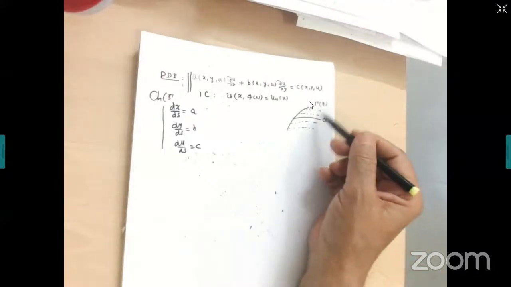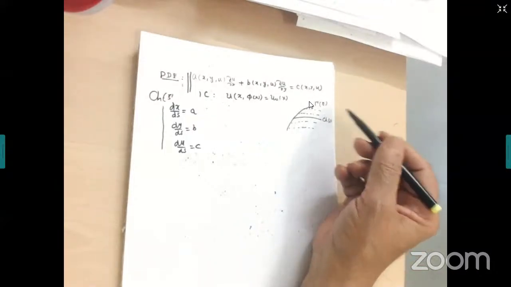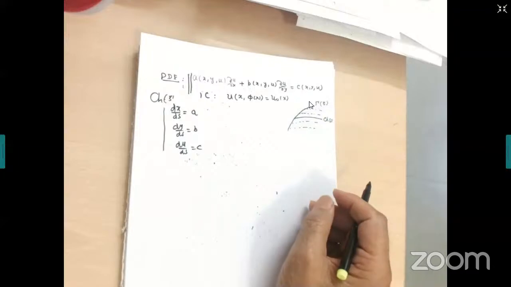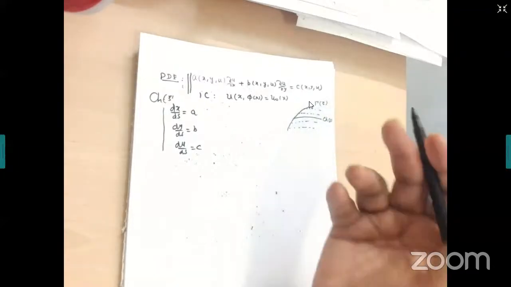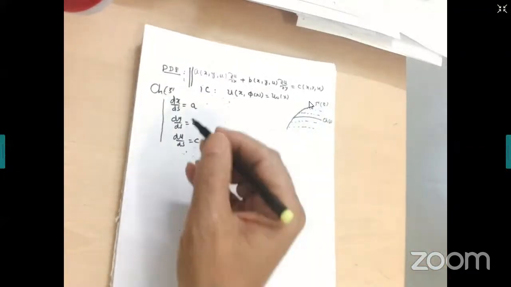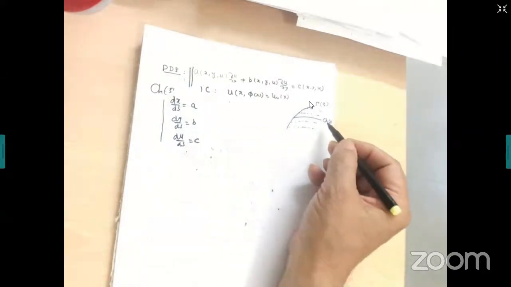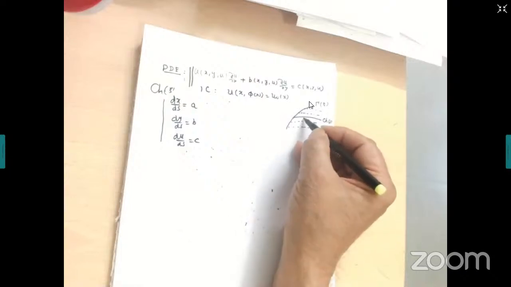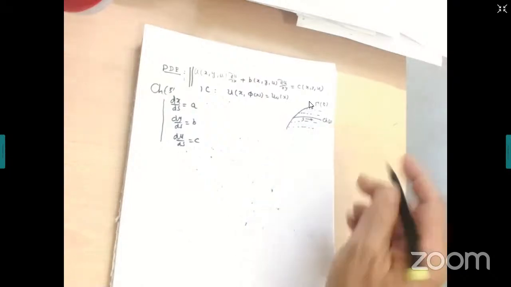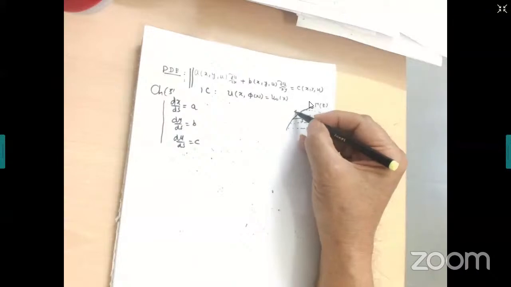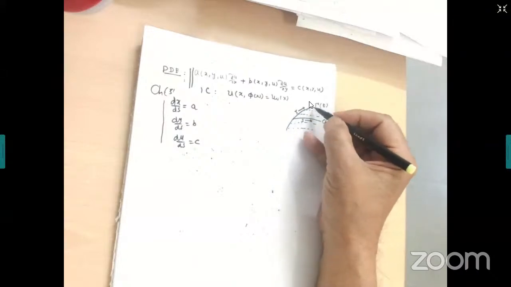The union of all these characteristic curves generates the solution surface. These characteristics span the solution surface. So my objective is to solve these equations to find these characteristic curves. s is the parameter along this characteristic curve, and ξ is the parameter along this given curve.